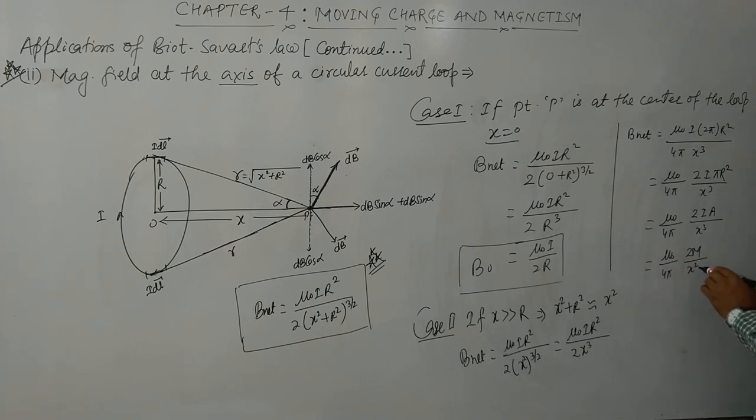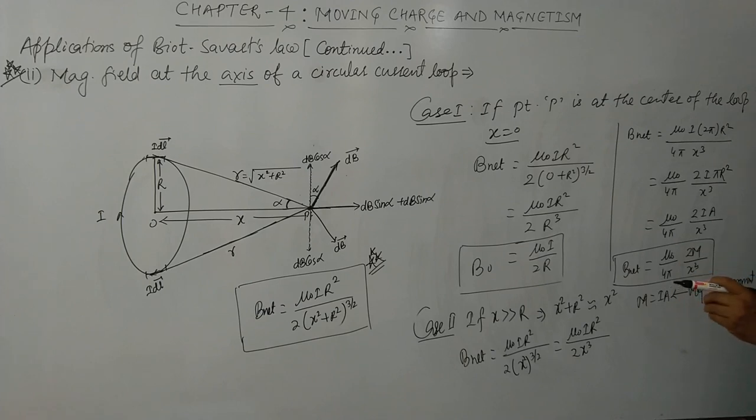Now you will ask, what is m? So m is I into a, which is known as magnetic dipole moment. The dipole moment of a magnet is known as magnetic dipole moment, similar to the electric dipole.